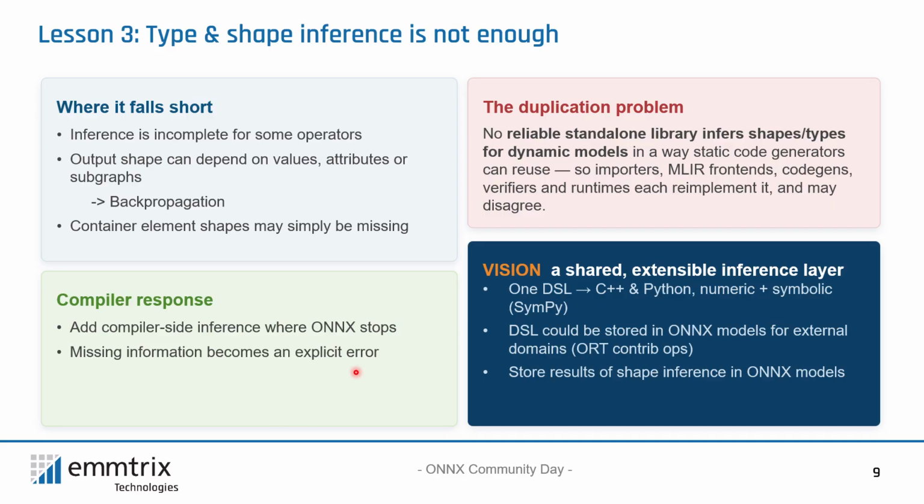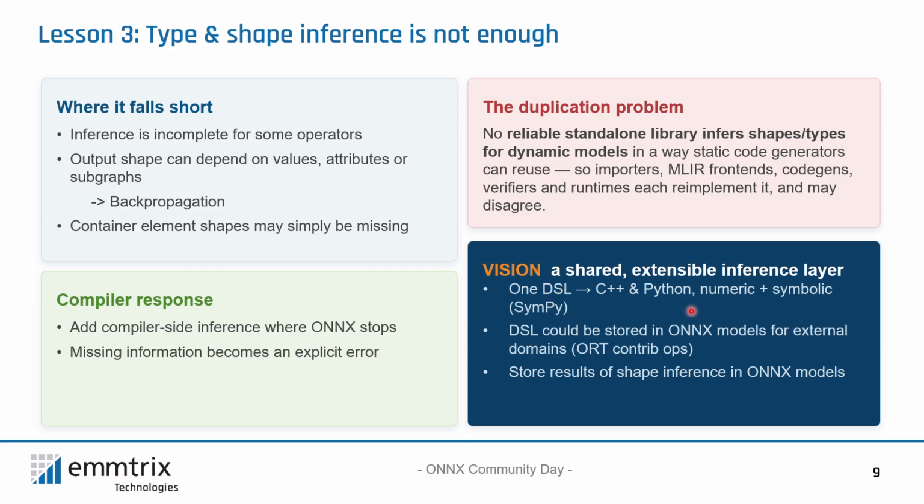So in general, there's a problem that there is no reliable standalone library for shape inference for dynamic shapes to support symbolic inference. And our vision is that in the future we will close the gap and have a shared and extensible inference layer.